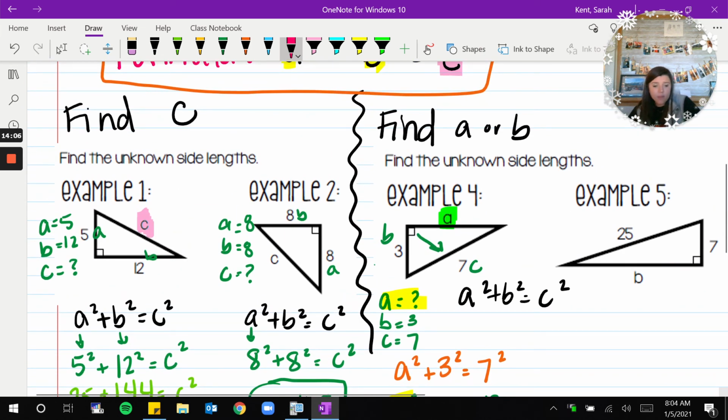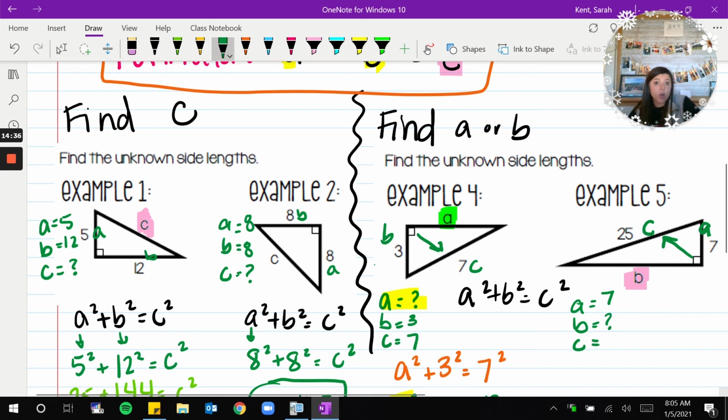So example 5, if we look for what letter is missing, we've got 25, we have 7, and we have B. Again, I want to see across from the right angle will be my C. I have B, so this last piece must be A. If I think about A, B, C: A, we said is 7. B, oh, we don't know what B is.